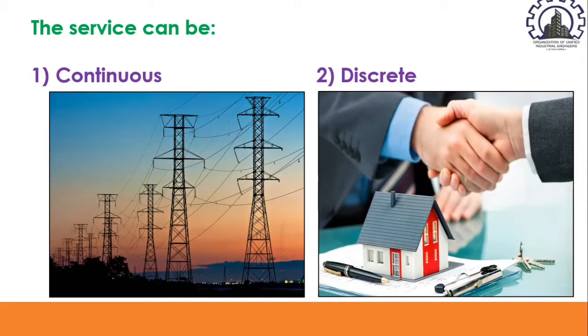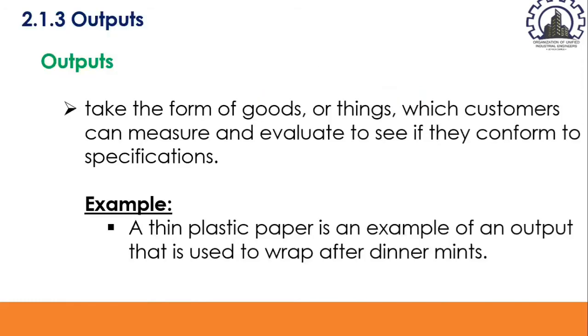And finally, the last element of the ITO model is the outputs. Outputs take the form of goods or things which customers can measure and evaluate to see if they conform to specifications. For example, a thin plastic paper is an example of an output that is used to wrap after dinner mints.